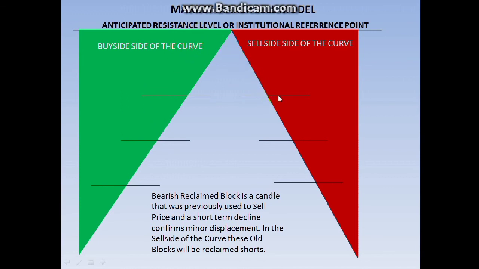Price is going to mash up those order blocks as it goes into the sell side of the curve. That's for a market maker sell model. The process of price going back to reclaim those blocks is why they are referred to as reclaim blocks. So that's a reclaim block right there.